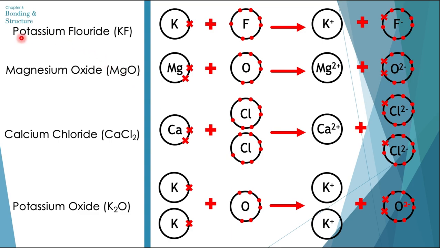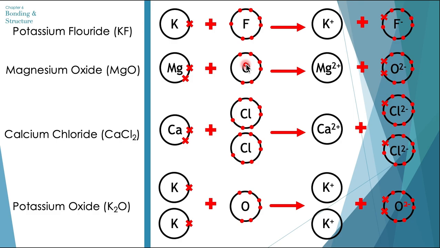So all of these, like potassium fluoride and magnesium oxide, are not molecules, because there is a transfer of electrons, and doing that they do not form molecules, they form ionic compounds. The ionic bond is known as the strong electrostatic attraction between adjacent cations and anions, positive and negative ions basically.